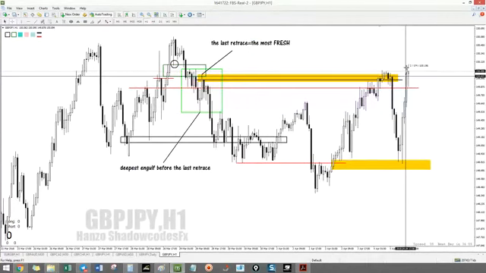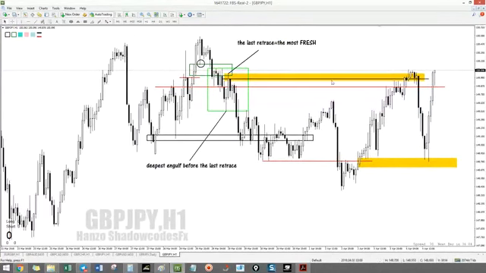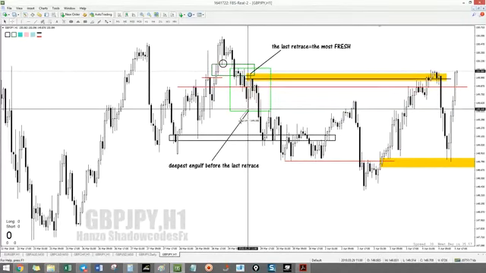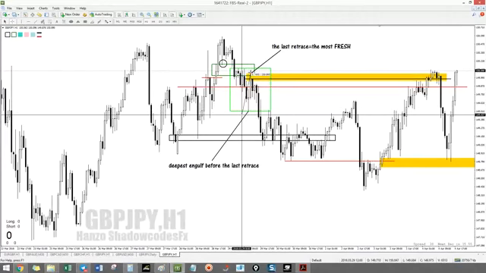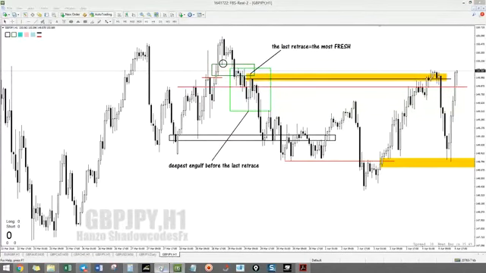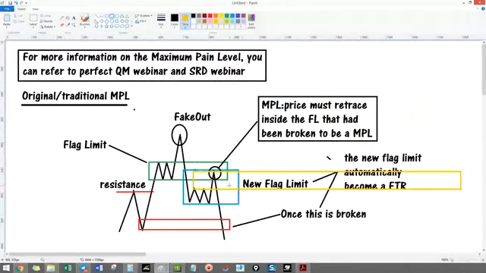Look at this, it just breaks like that. It only works the first time. Okay, the most fresh, the last retrace. So this is the last one, the last engulf before the last retrace to become an MPL. And finally, to become the FTR. So once this is broken, the new flat limit automatically becomes an FTR.